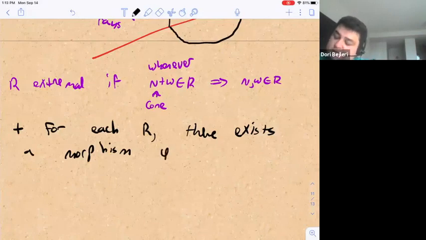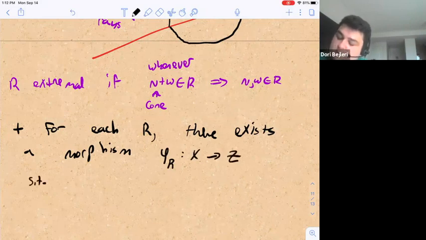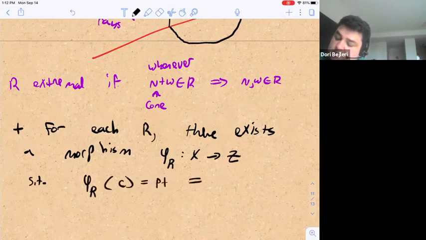So there exists a morphism phi_R from X to Z such that phi_R of a curve is contracted to a point if and only if the class of this curve lies in this ray.